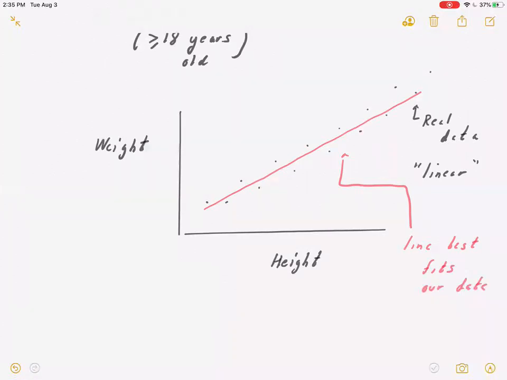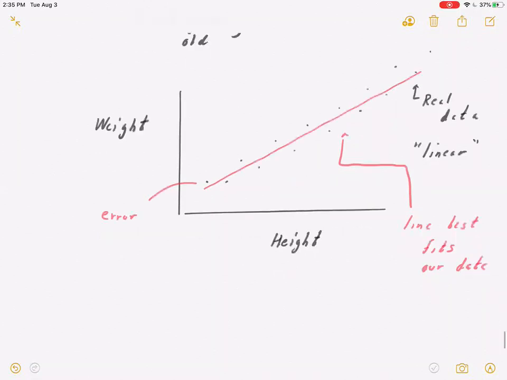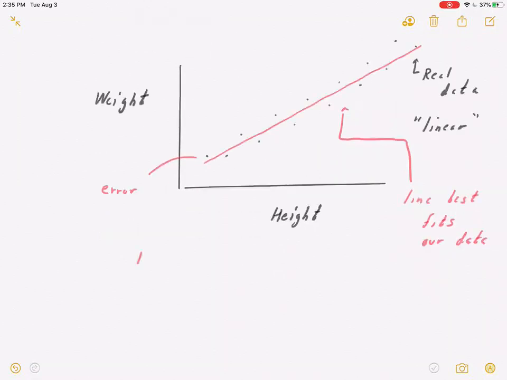The fit's not going to be perfect because there's error. And by that example I used, there are some tall people who weigh less than some shorter people. So not every data point is going to fit on a line, but I want to employ in this problem the least squares approximation.